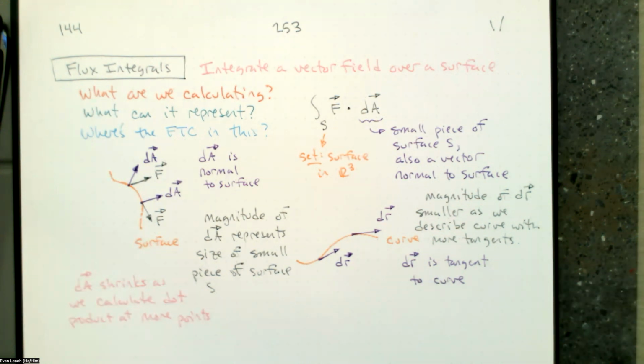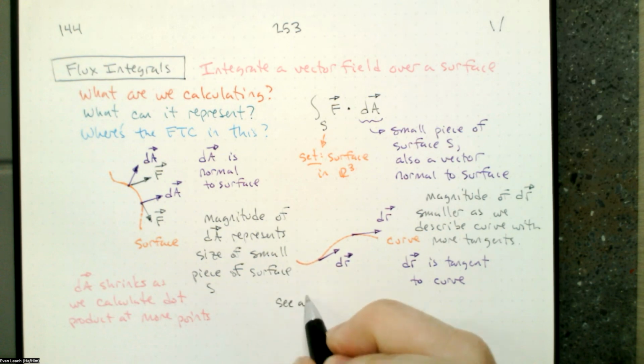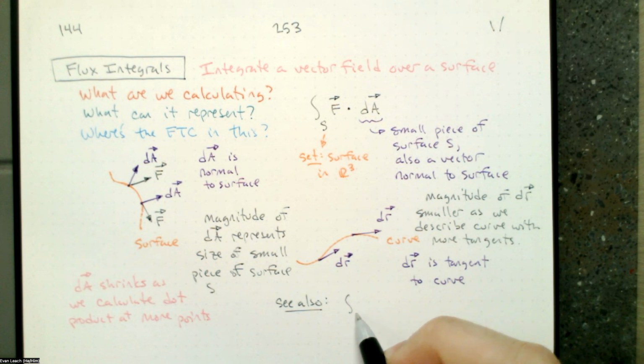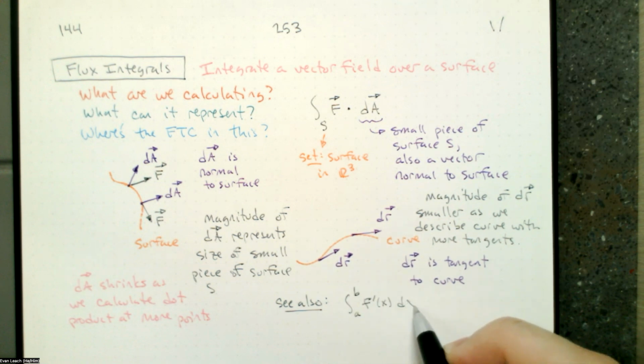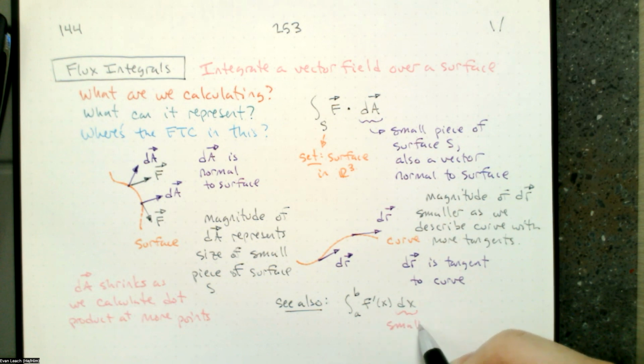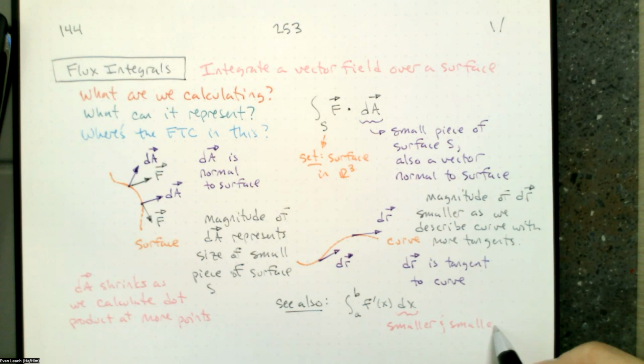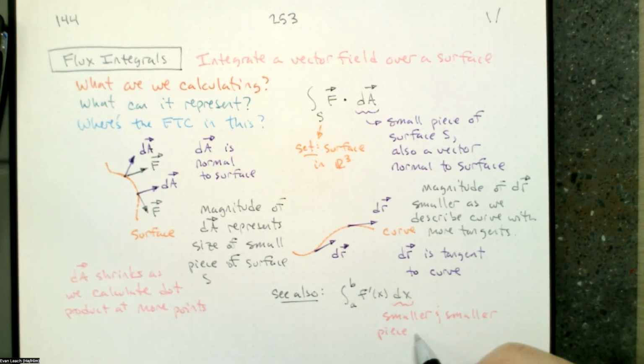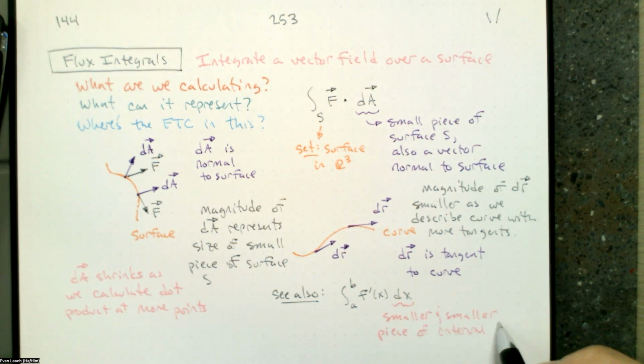In the same way, when we're finding the integral of a function of one variable, the dx gets smaller. So that's that shrinking part as we do the calculation more often.